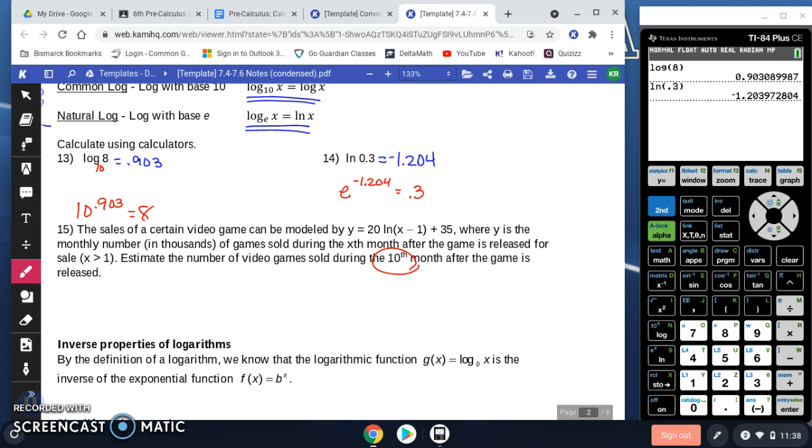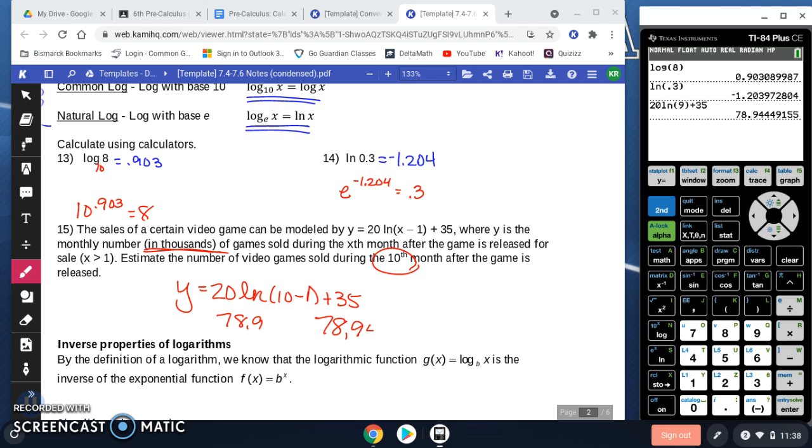Well, x is 10, so you can just plug this in and do that on your calculator. I'm just going to go natural log of 9, and we get about 78.9. Well, notice that this is in thousands, so this 78.9 actually means about 78,900 games.